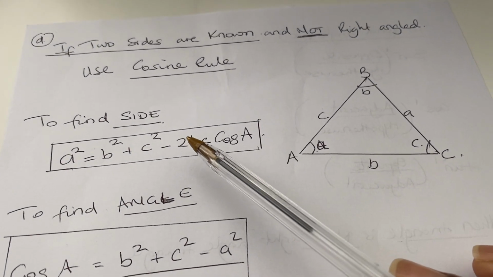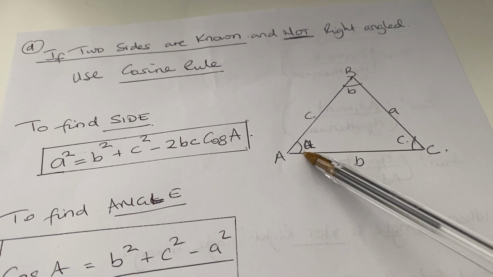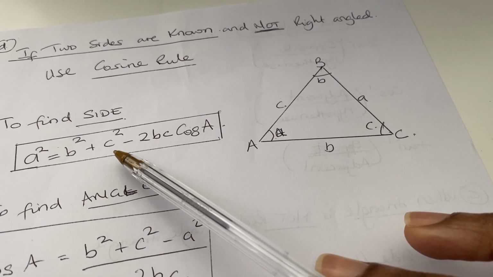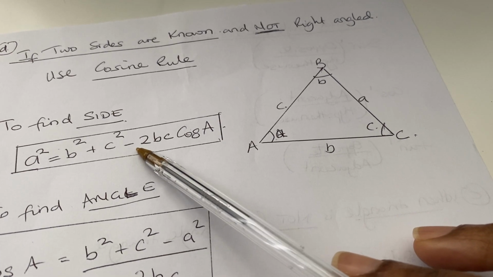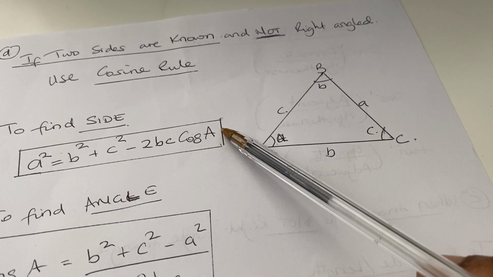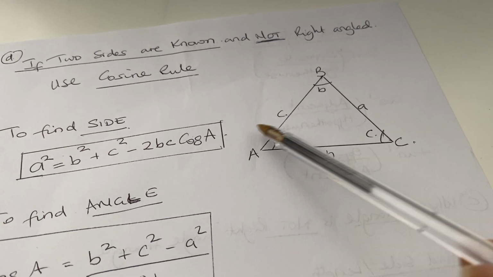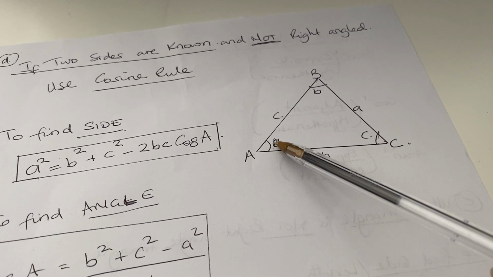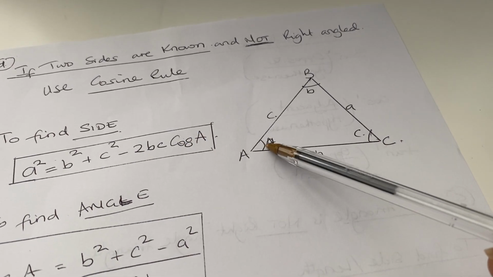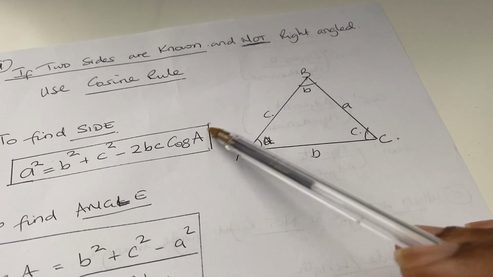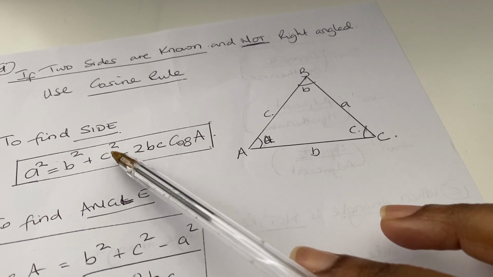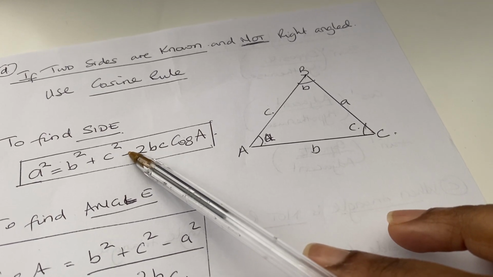So to find the side A here, it will be B squared plus C squared minus 2BC cos A. Immediately the angle at A becomes 90, then all this becomes 0 because cos of 90 is 0. So then you go back again to Pythagoras.